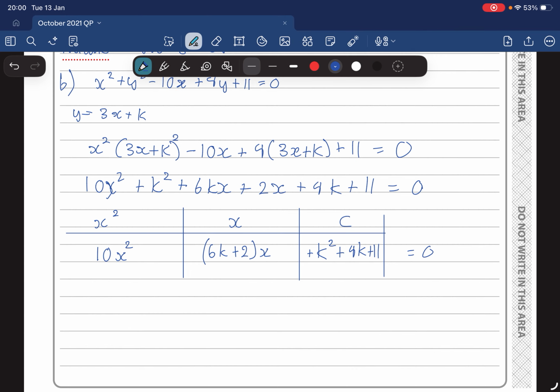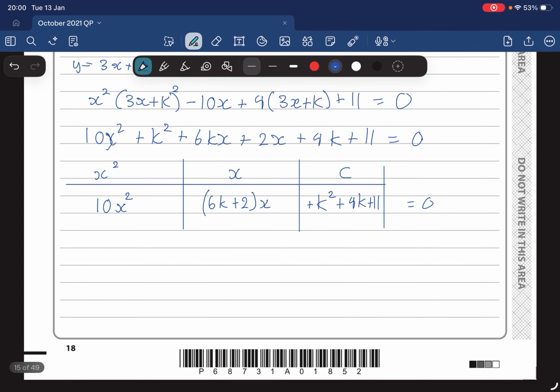Okay, now the final step, because it's a quadratic, we have all of this good stuff. We can do b squared minus 4ac, which is the discriminant, to find the final answer, popping everything into the equation. Minus 40 times k squared plus 4k plus 11, that's equal to 0.